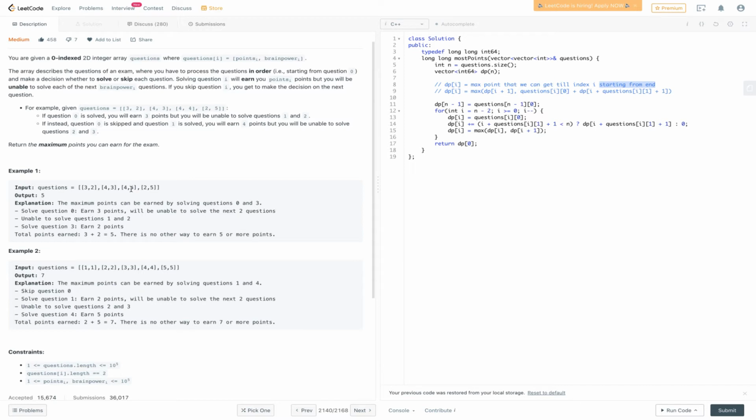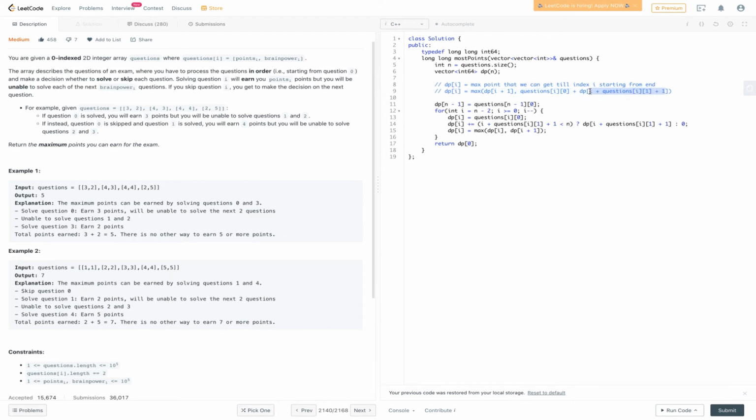So that would be basically dp of, if this index is I, then the next position of the question which we could have solved would be I plus questions of I[1] plus 1. Okay, so basically I'm referring to this position, I plus questions I[1] plus 1.